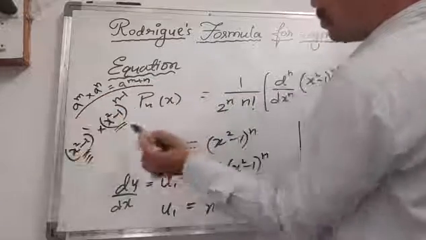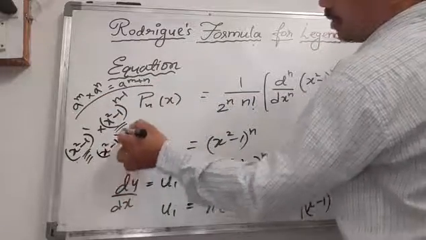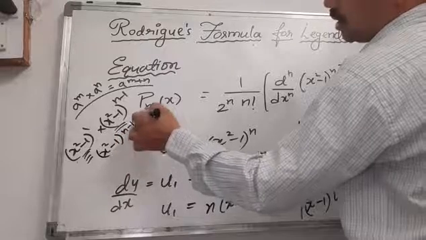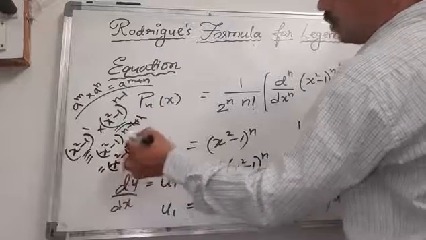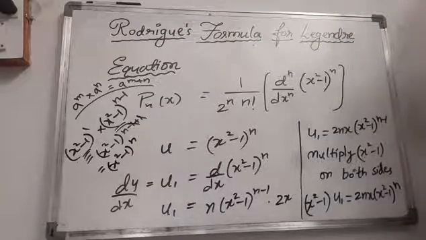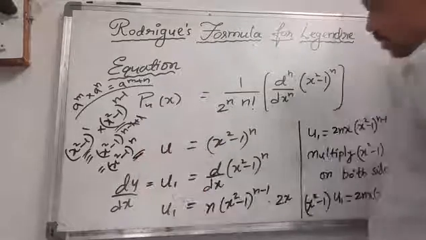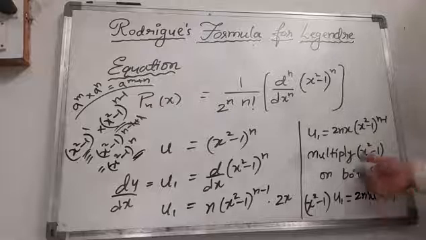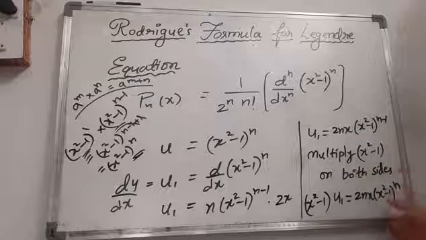Right? So here also we can add the powers. x square minus 1 whole power n minus 1 plus 1, that is nothing but x square minus 1 whole power n. Okay? So like this we get. So here also we multiplied both sides x square minus 1. We got this value.